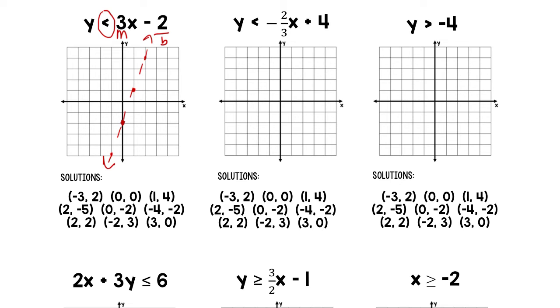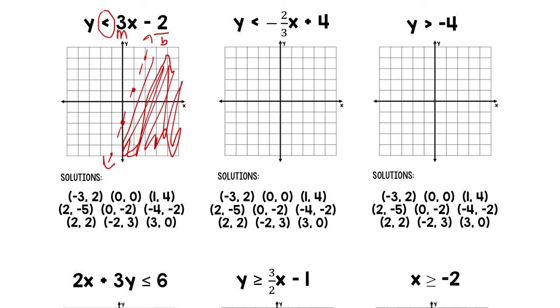Last step of graphing this is we have to shade the solution area. So it's less than. I'm going to lay my proverbial pencil along this line and pull down. That means I'm going to shade this part of the graph. So we shade over here. Let's check for solutions.